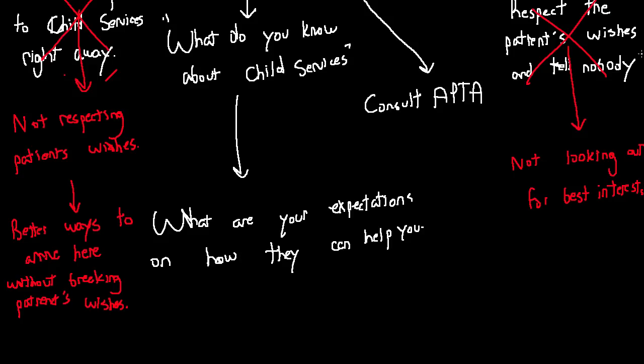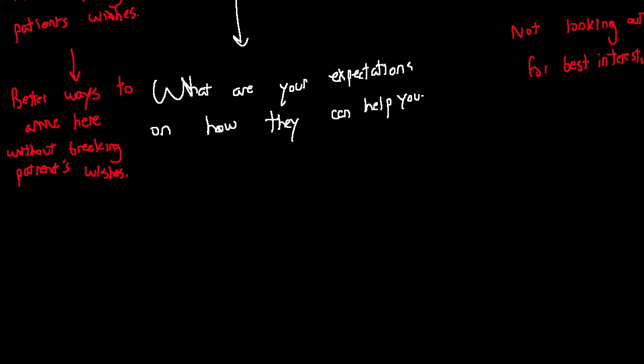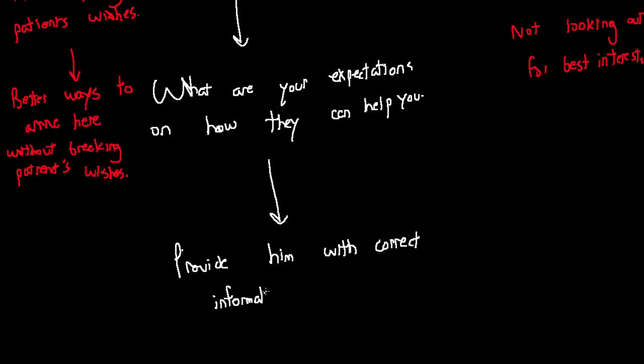So what you're going to do is you're going to ask him what he knows and what his expectations are of child services. You're going to provide him with correct information about how child services can help protect him.